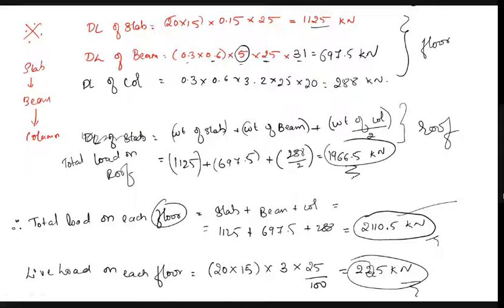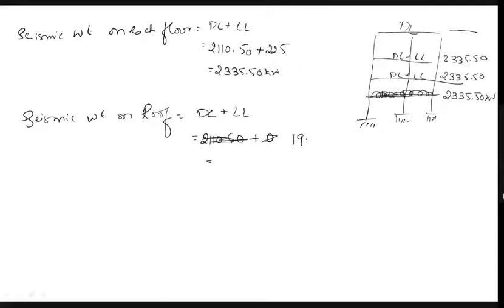We have got 1966.5. Correct? Therefore, 1966.5 plus 0. Therefore, total seismic weight on roof is 1966.50 kilonewton. Therefore, mention it here: 1966.50 kilonewton.